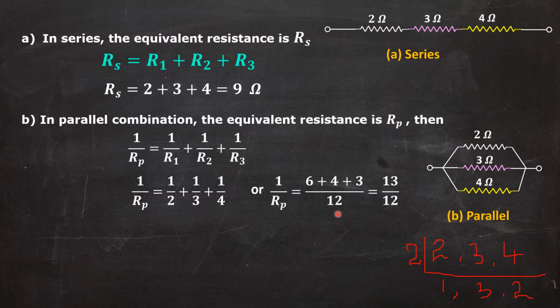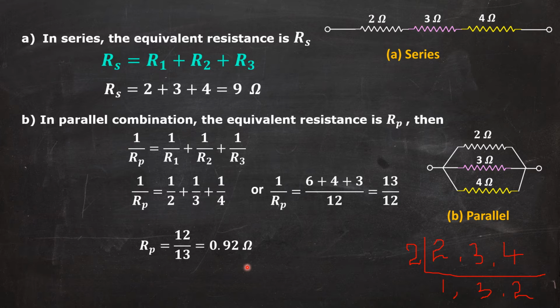Similarly 4 3s are 12, 3 into 1 is 3. So 6 plus 4 plus 3 is equal to 13 by 12. So 1 by Rp is equal to 13 by 12. And if you reverse this fraction, this also should be reversed. Otherwise you take cross multiplication and simplify, you get Rp is equal to 12 by 13, that is 0.92 ohms.